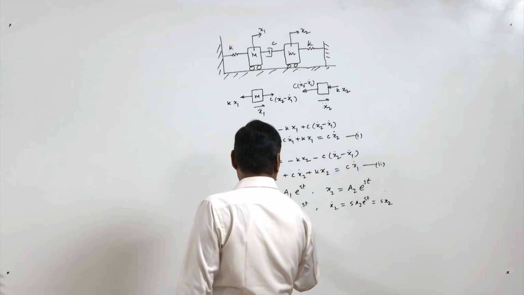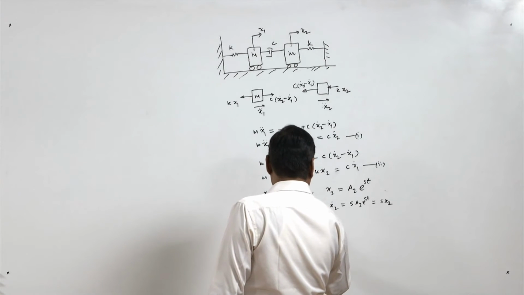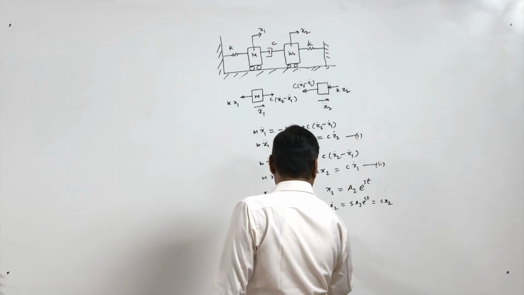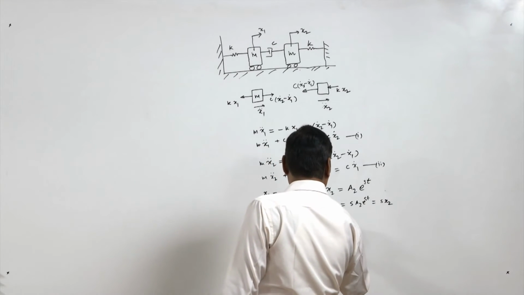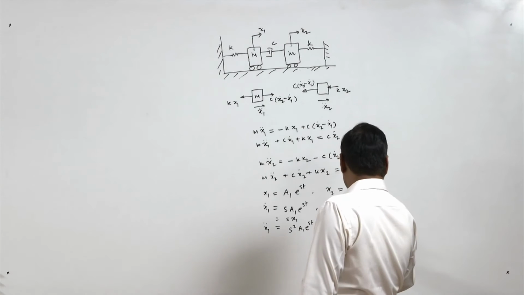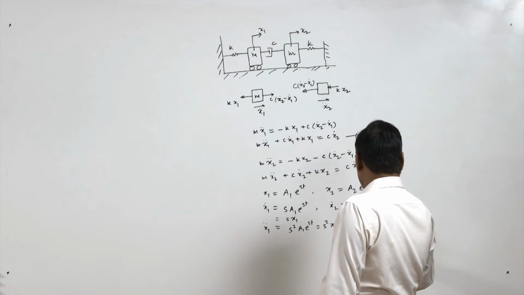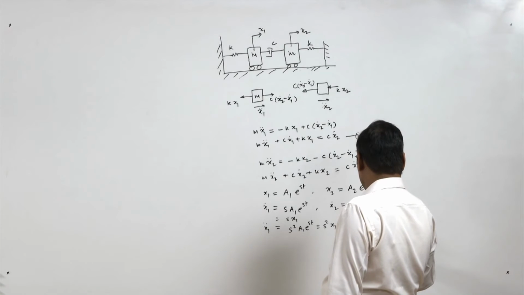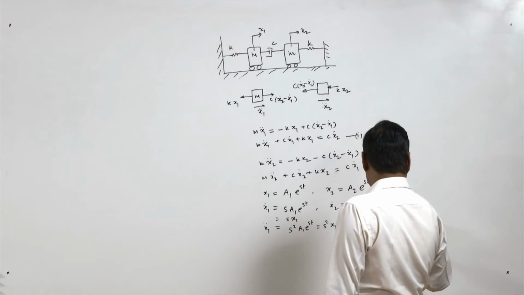Similarly, x1 double dot equals s square a1 e power st. So, that is s square x1, and x2 double dot equals s square a2 e power st. So, that is s square x2.